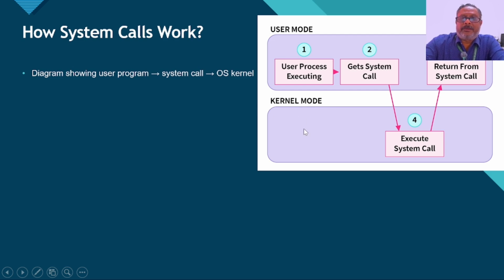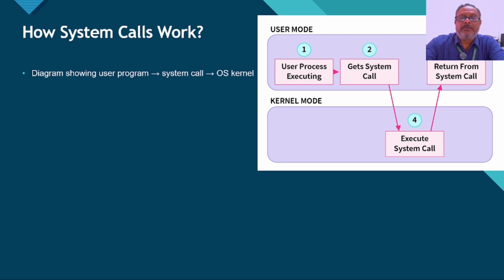So let's check how a system call works. This diagram shows the user process executing in the user mode, and whenever it wants to use some important resources, it has to go into the kernel mode, and the user doesn't have the right to work in the kernel mode.